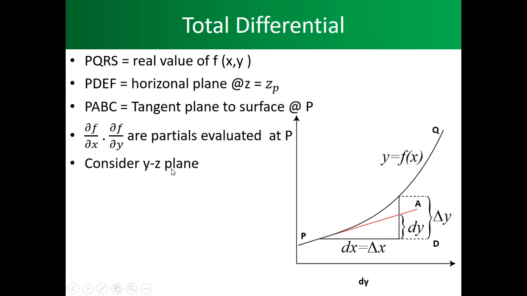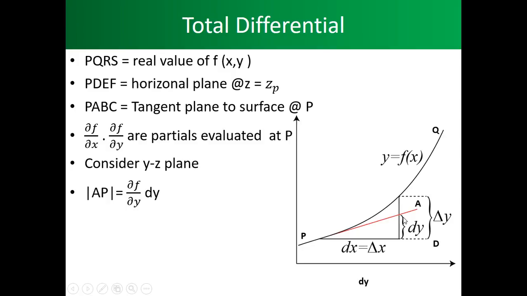Okay, now consider the YZ plane. That's what we're going to look at in a few seconds in our next graph. If we're looking at the YZ plane, what happens? We have AP right here. That tangential is the change in what? Of the function. The function changes as we relate to the partial of y and dy.